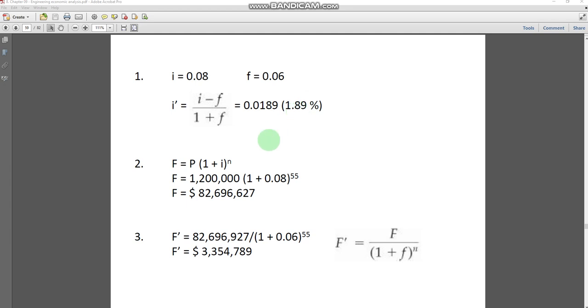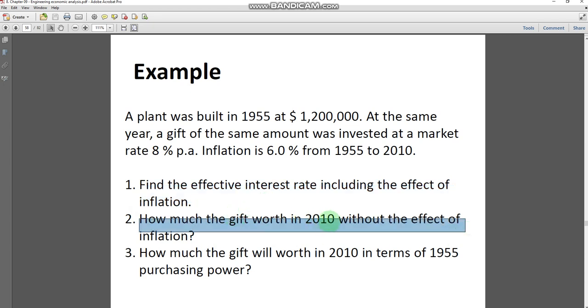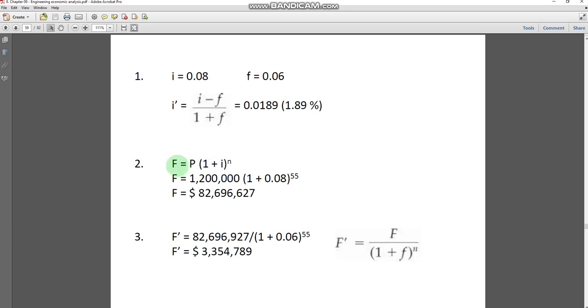Okay, now the second part: how much is the gift worth in 2010 without the effect of inflation? Now we have to see what is the future value of this money in the year 2010 without including the inflation. So what we can do here, we will use a simple compound interest formula, okay, without including the inflation, that is equal to P, which is the present value, times 1 plus I, where I is the interest rate 0.08, to the power of the number of years, 55.